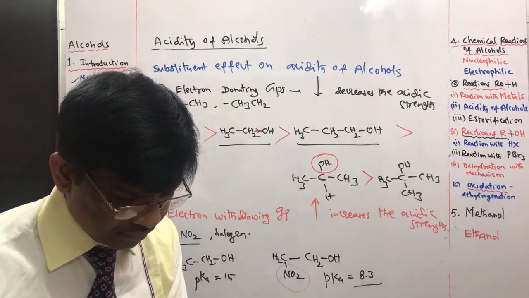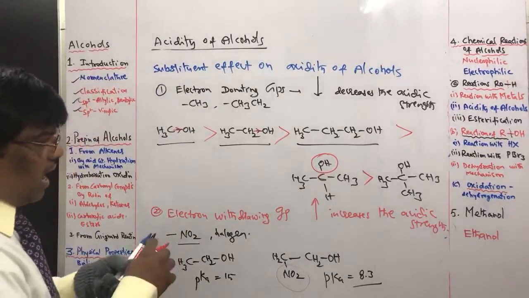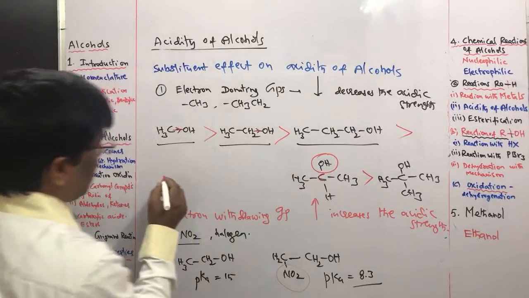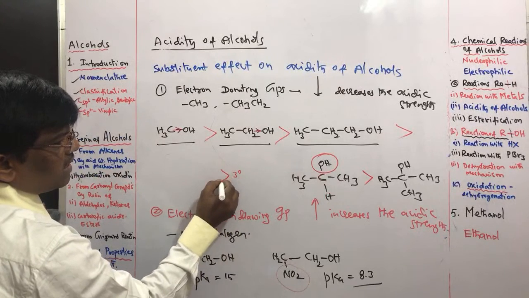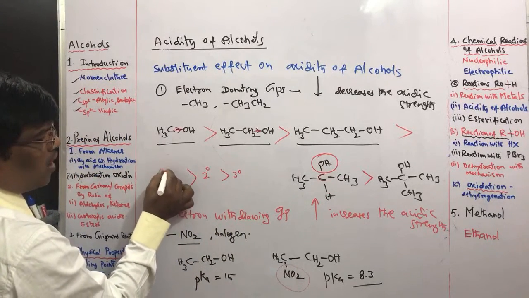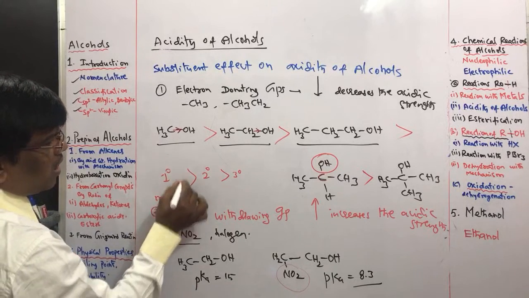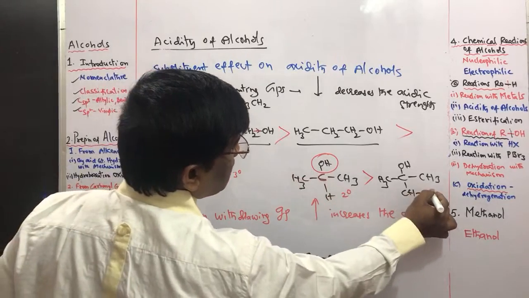Next. Moreover, regarding the acidic strength we have learned, tertiary alcohols are less acidic than secondary, and primary alcohols are more acidic. This is primary, this is secondary and this is tertiary.